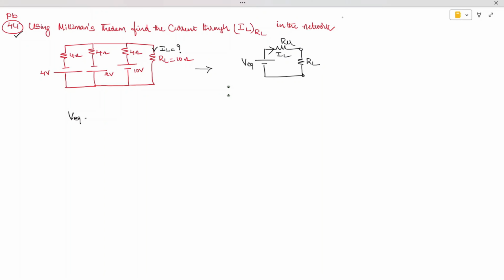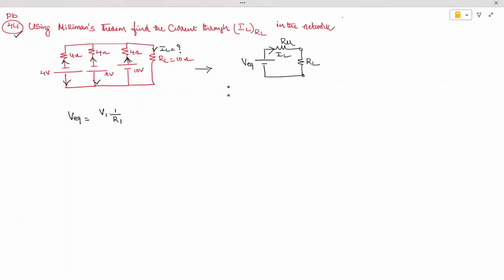So V equivalent is equal to V1 into 1 by R1. You can see the current in this direction is like this, here it is flowing in this direction, and here in this direction. Let's take all in the same direction.